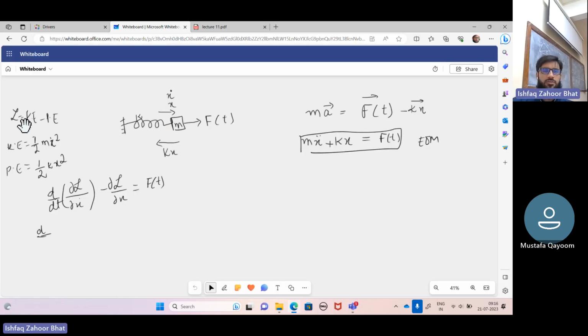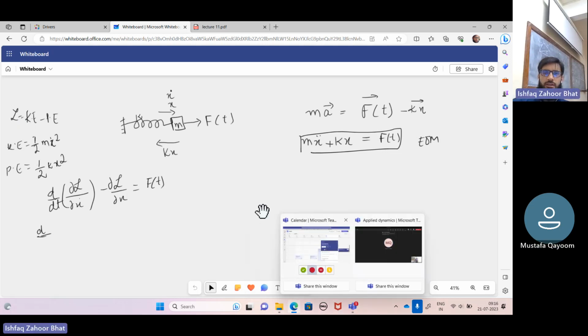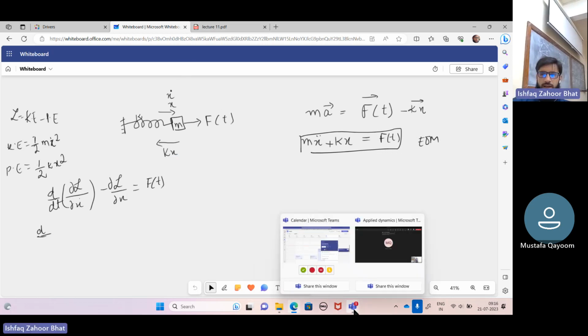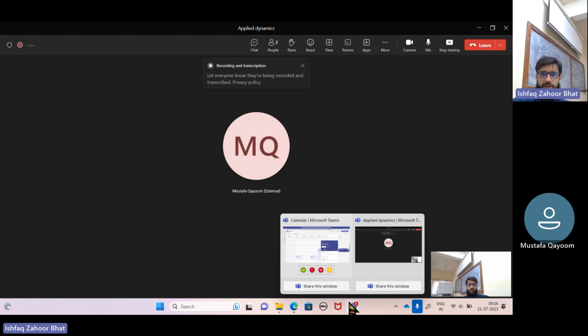Nothing like the Lagrangian equal to kinetic energy minus potential. I think I should reconnect it, and then we will see.